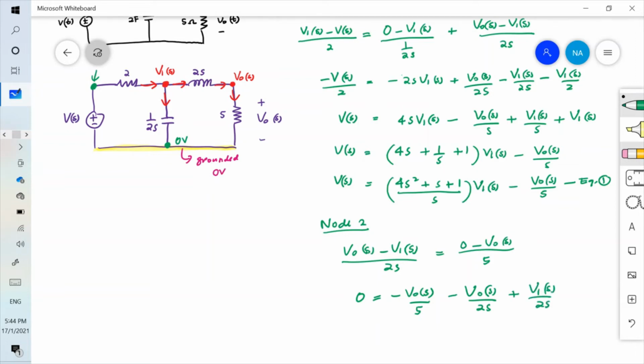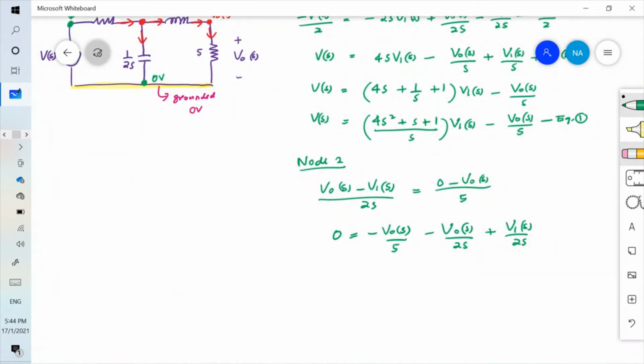Please make sure your arrangement for the terms is the same as in equation 1. In equation 1, I put the V1 term first and then V naught s. So follow that arrangement, V1 term first.